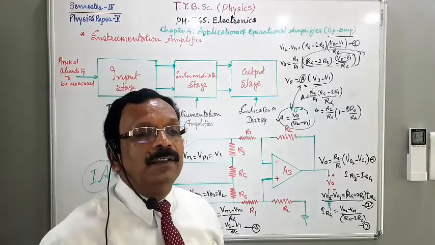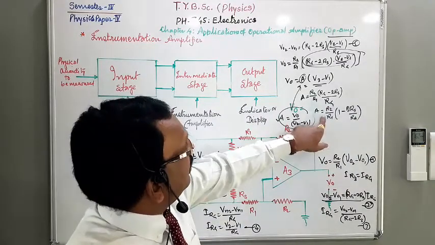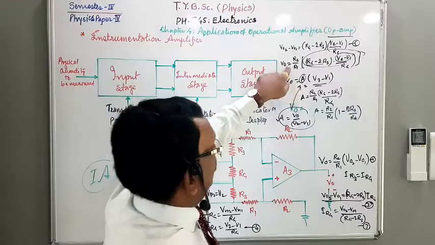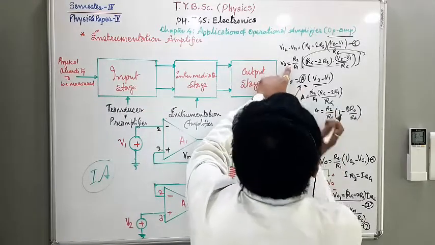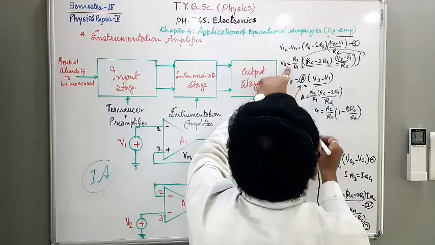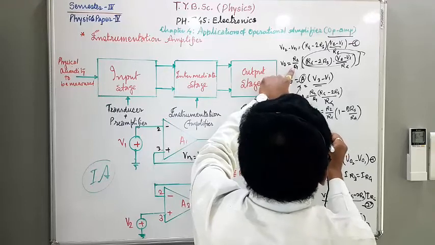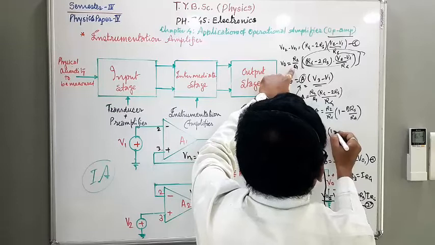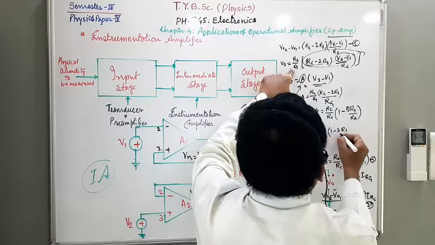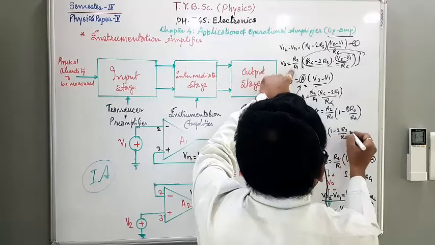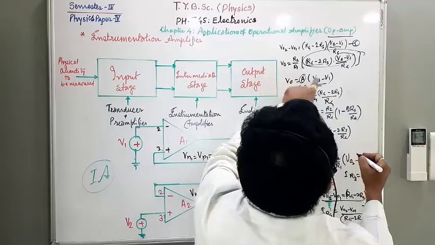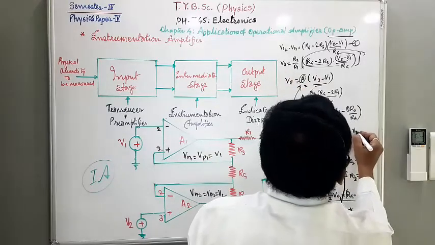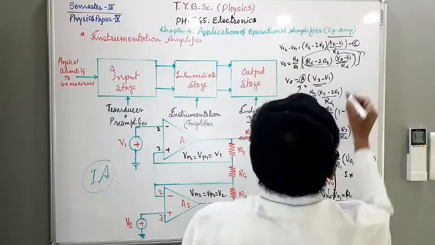We can substitute this value in the equation. Lastly, we have VO equal to R2 upon R1 in bracket 1 plus 2R3 upon RG into V2 minus V1, the remaining term.